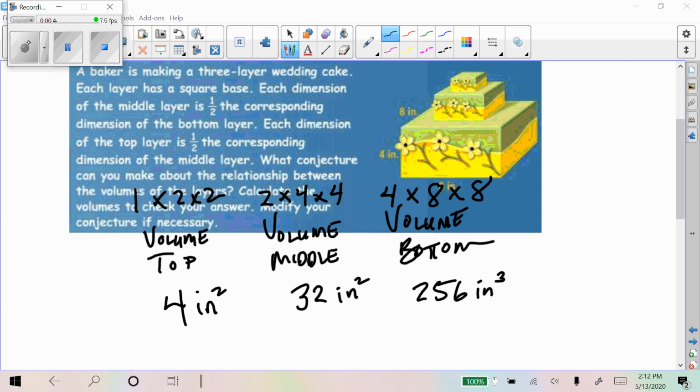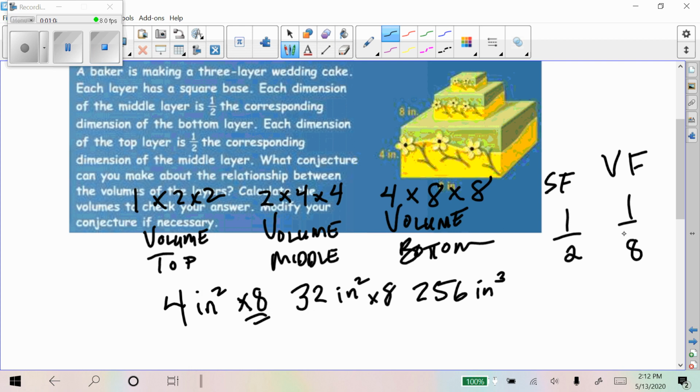So here's what you get for the volumes, and you might notice that the middle layer is 8 times the top layer, and the bottom layer is 8 times the middle layer in volume. So if the scale factor is 1 to 2, the volume factor is 1 to 8.